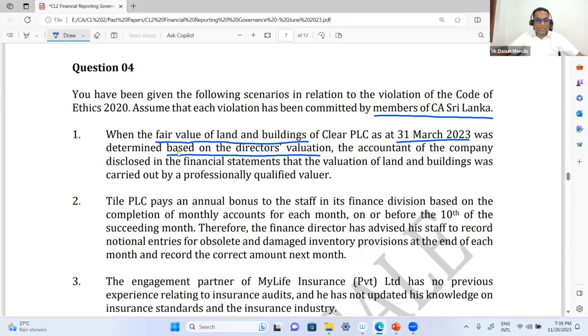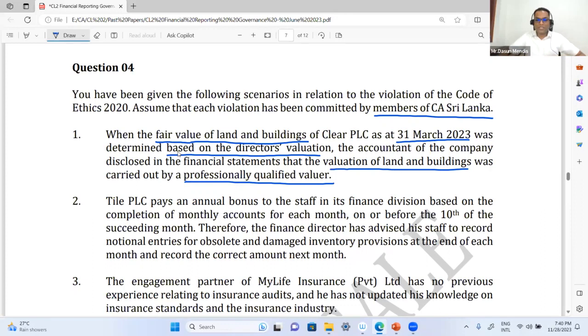The accountant of the company disclosed in the financial statements that the valuation of land and building was carried out by a professionally qualified valuer. So even though it is the director's valuation, he has mentioned that it is done by a third party, independent, professionally qualified valuer, knowing that that is wrong.